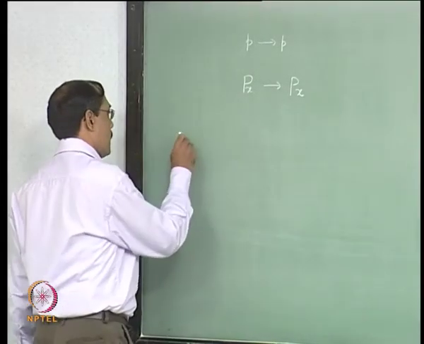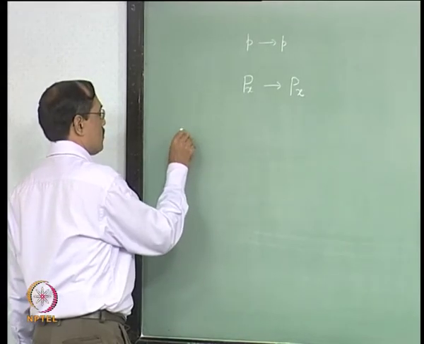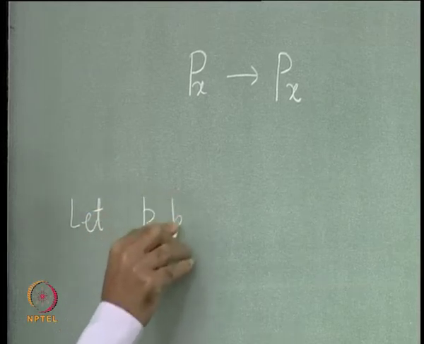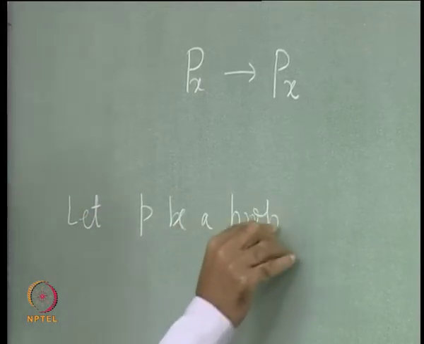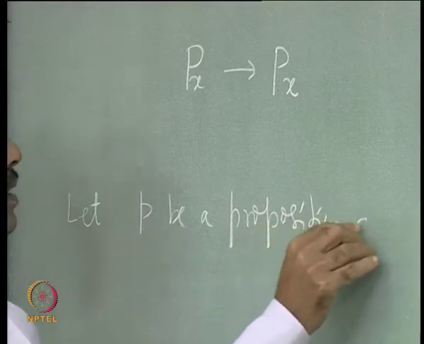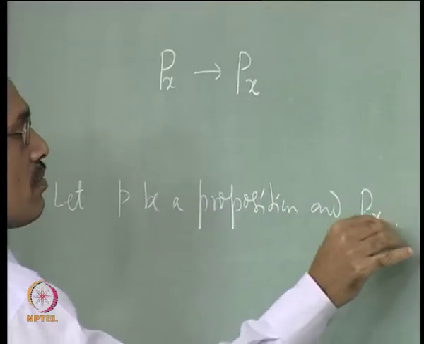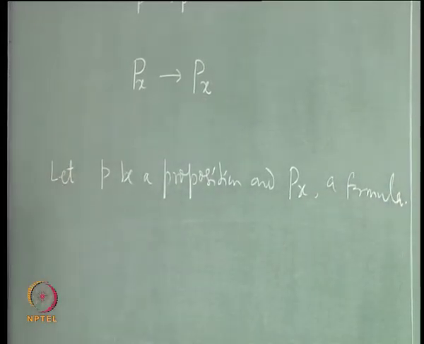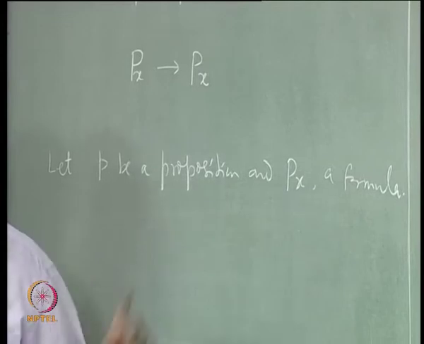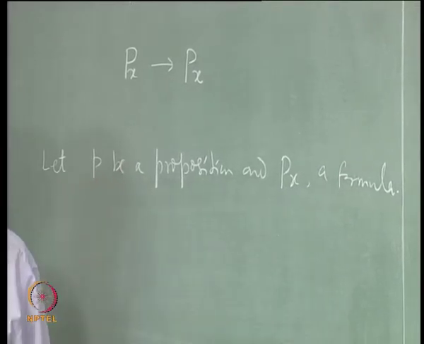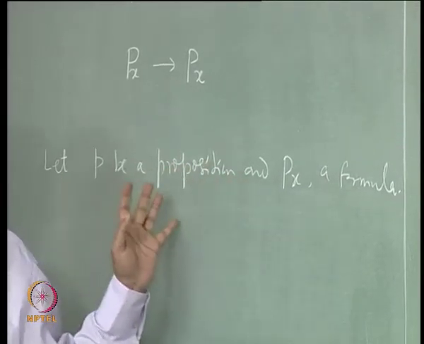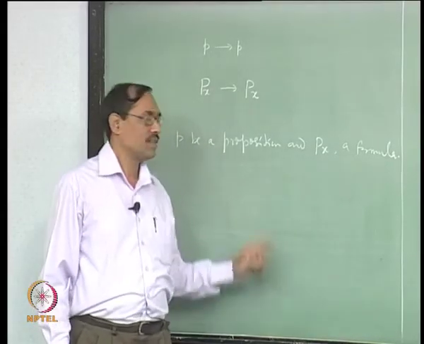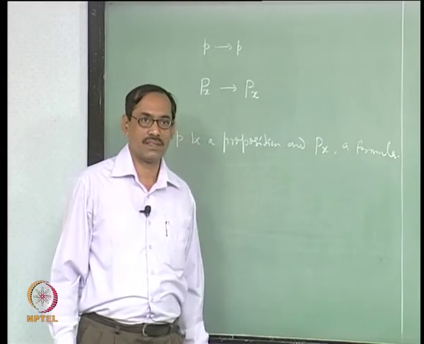So, what we propose is, suppose I have a proposition p and Px a formula. In some way I am identifying this p with this Px; I have a map, let us say. Informally, you have some map that for each proposition gives some formula. So, for small p I have this Px.